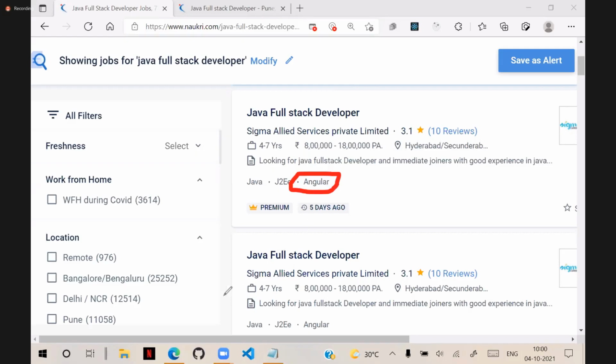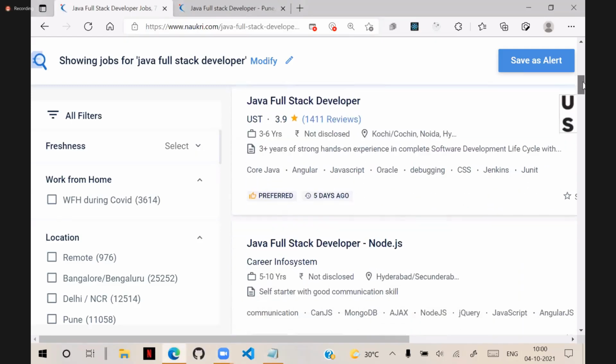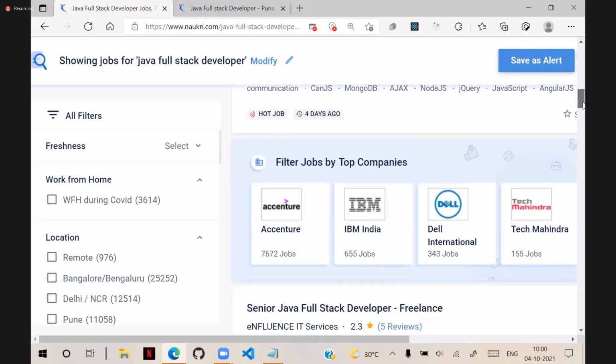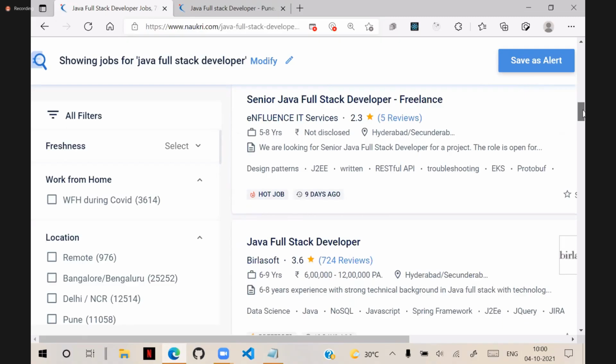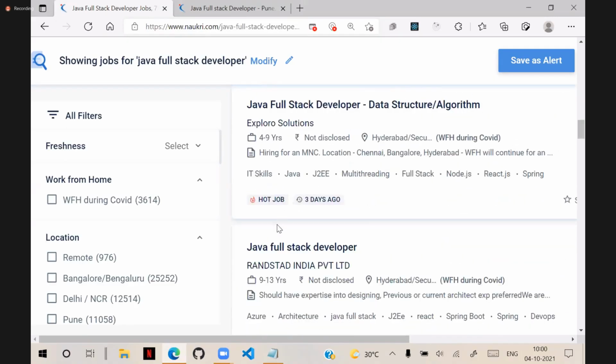For example, I will scroll down here. You can see this is a Java developer here. They are asking for Angular, and some companies, as we scroll, ask for React.js. You can see this is also a Java developer, and they are asking for knowledge of React.js.